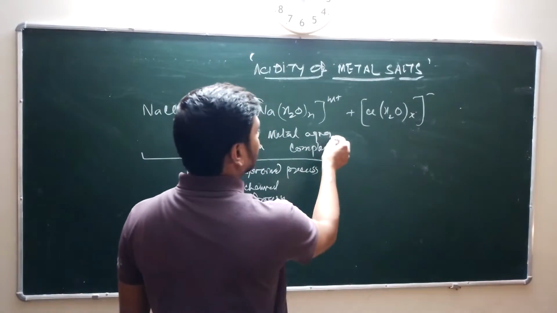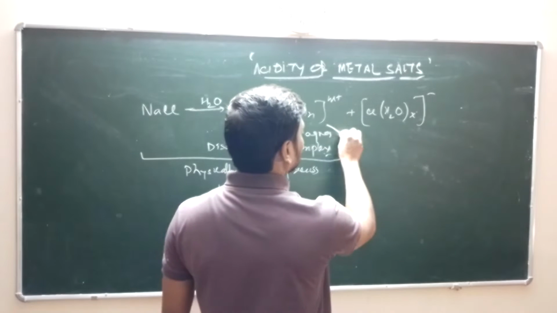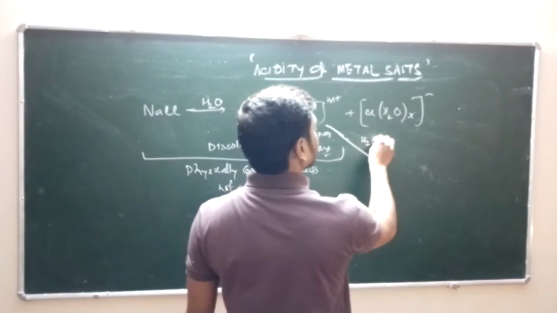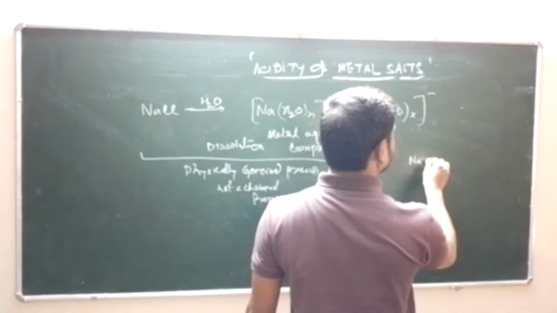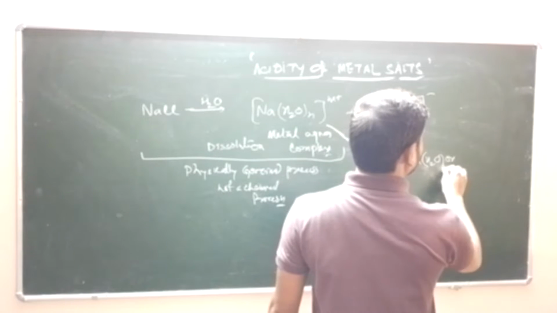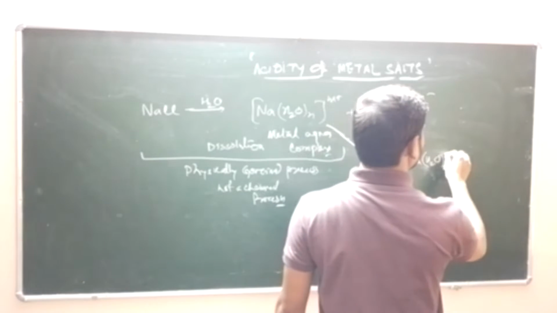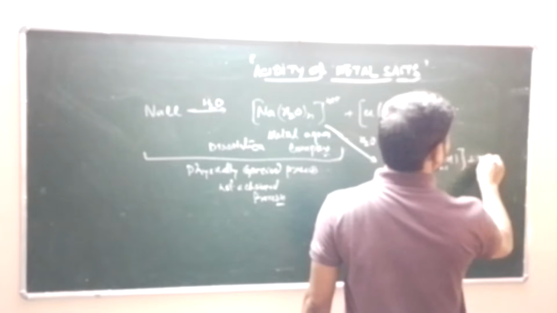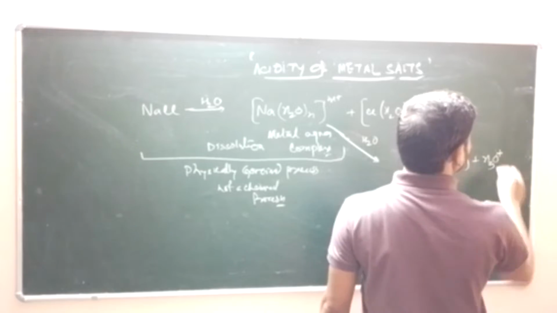And what happens if this metal aqua complex reacts further with water and results in something like this, M(H2O)(n-1)OH, with the charge balanced, and H3O+, the hydronium ion?